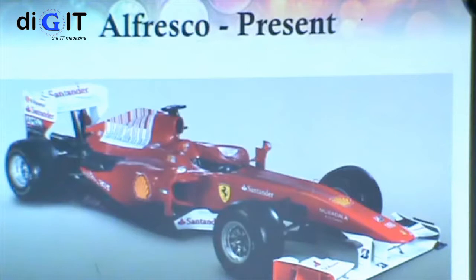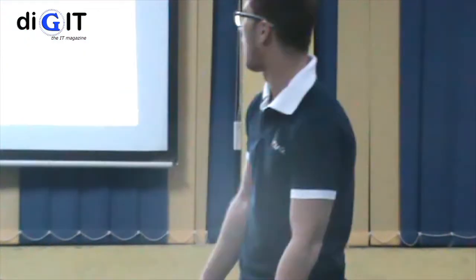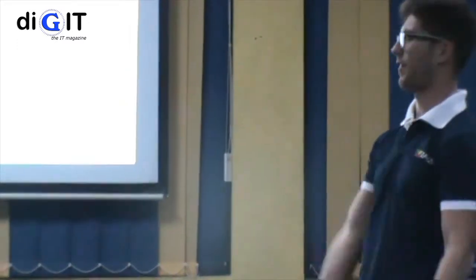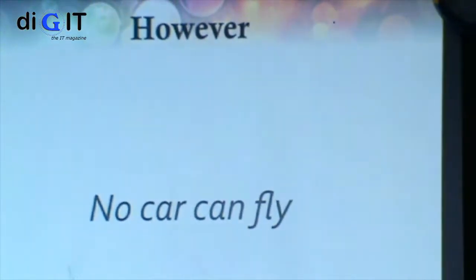So we can say that we have a Formula 1. We have something that goes fast, something that we know will work. However, no car can fly. It means that we may need things that Solr cannot give us.